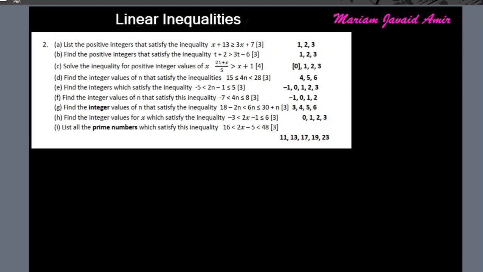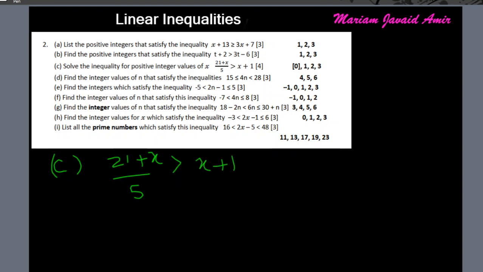Part C. Part C is solve the inequality for the positive integer values of x when (21 plus x) over 5 is greater than x plus 1.